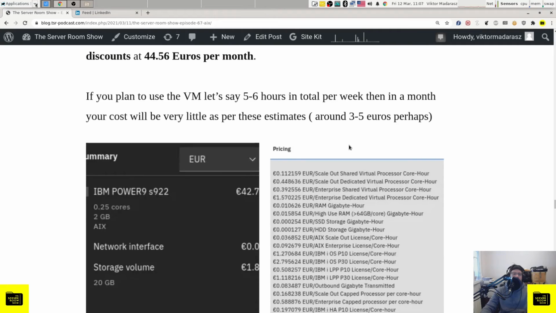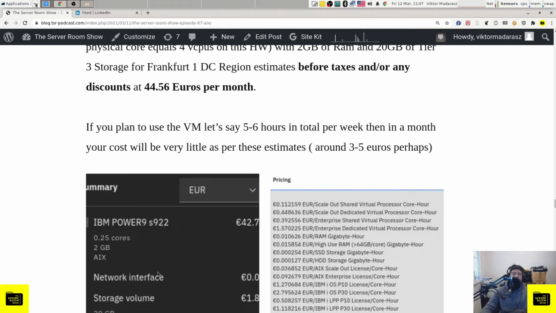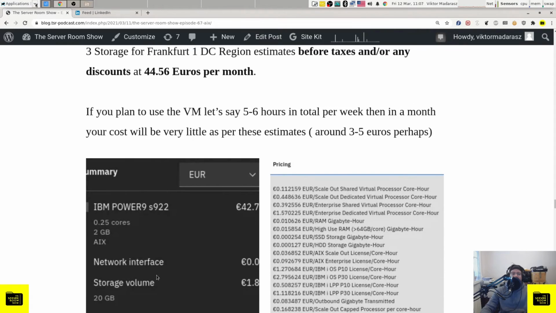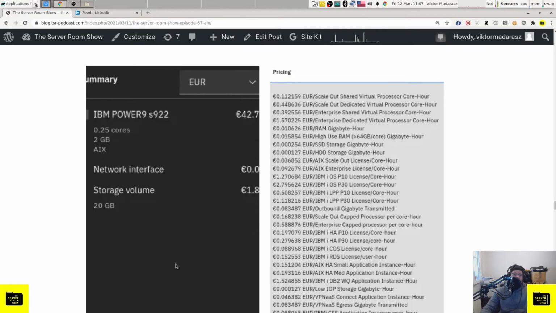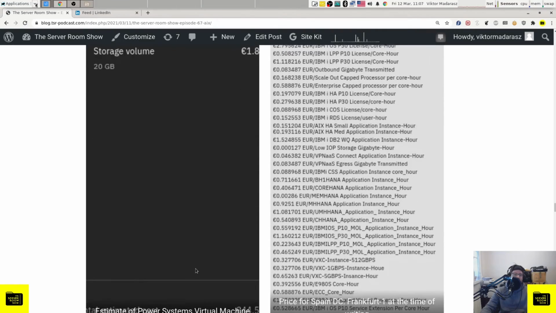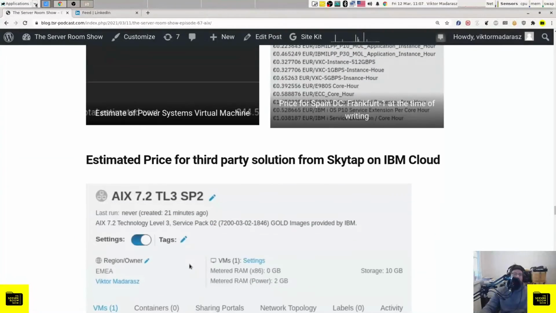Therefore, with those 20 hours per month, even as I'm being charged for the storage, this estimate would be much less. I think it would be somewhere around 5 or 6 euros, somewhere in that range.